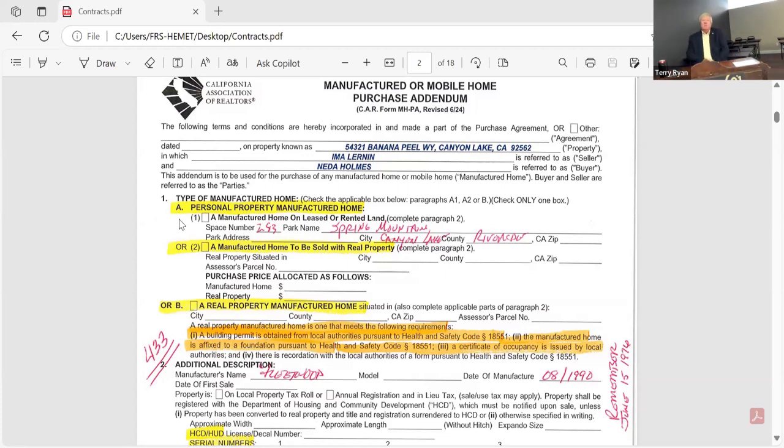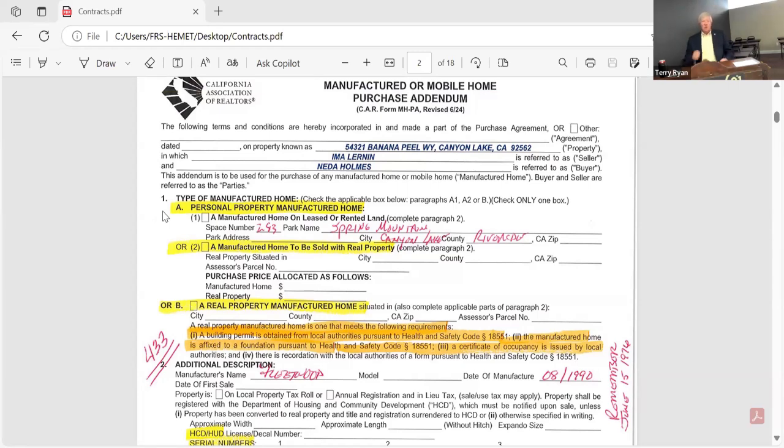So the first type is a manufactured home on leased land. That means it's in a park, it has a space number, the park has a name, it's located in some city. It is personal property, because notice it says on leased or rented land. So it's like buying a car or a boat or a travel trailer.